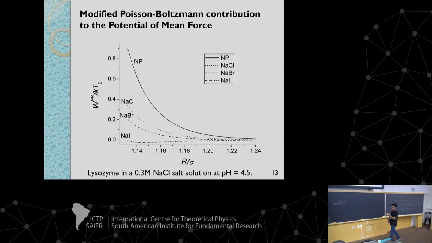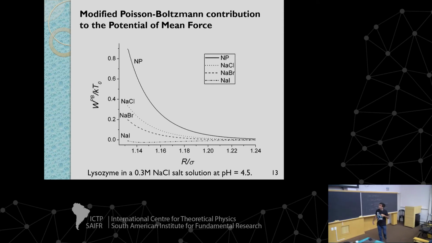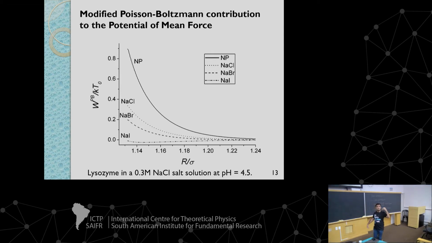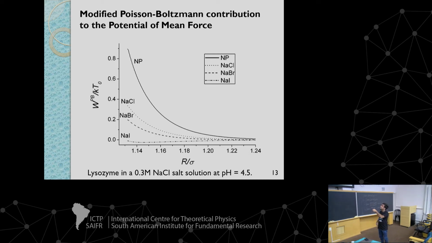So we are calculating this contribution, the electrostatic contribution, and we get those kind of results. We can see here that with the modified Poisson-Boltzmann equation, considering dispersion interaction between ion and surfaces given by Lifshitz theory, as I showed before, we get very good ion-specific effects. We can see that the results are very different for different salts. Again, NP stands for the non-polarizable ion. There is the ion considered in the classical Poisson-Boltzmann theory, okay?